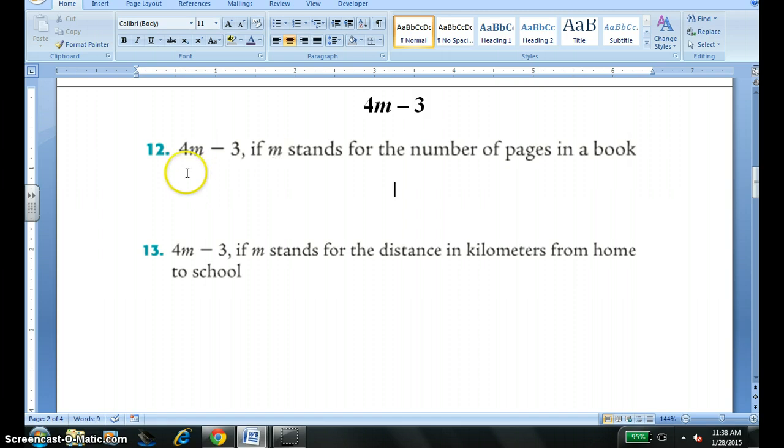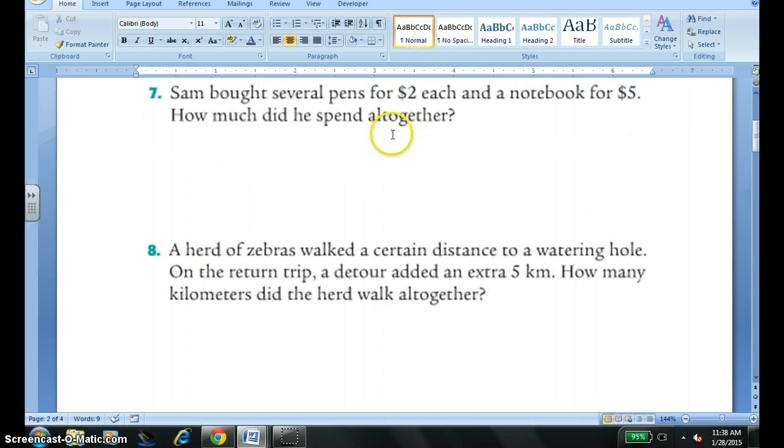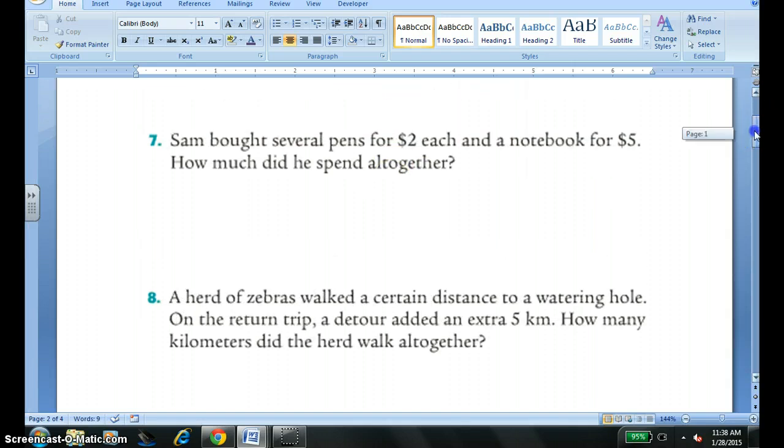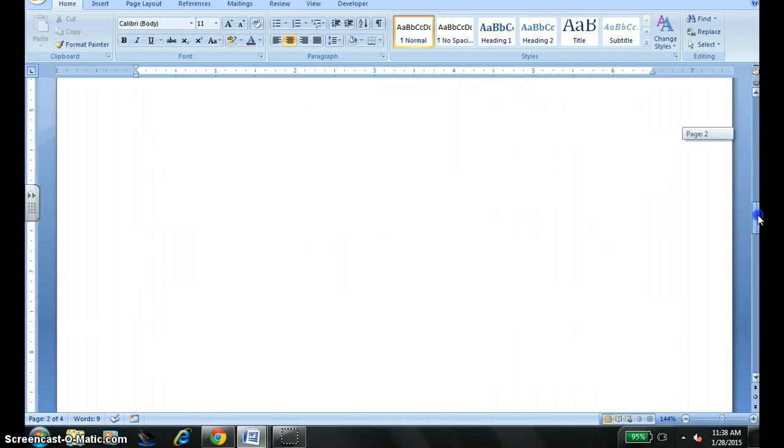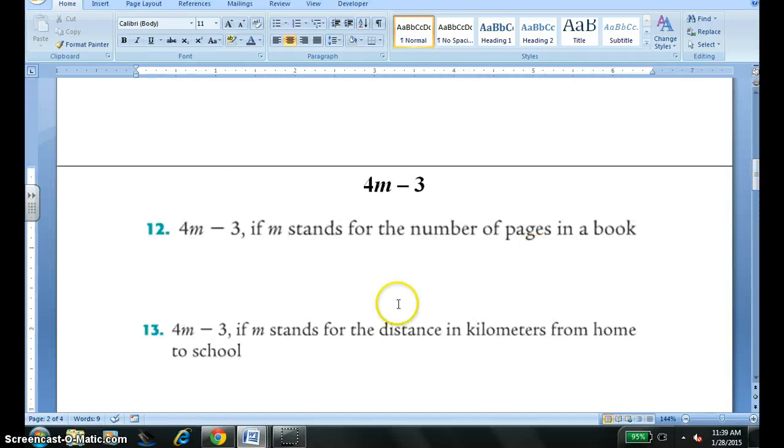So this one says, 4m minus 3 if m stands for the number of pages in a book. So what kind of situation could you write where m stands for the number of pages in a book and then I subtract 3?